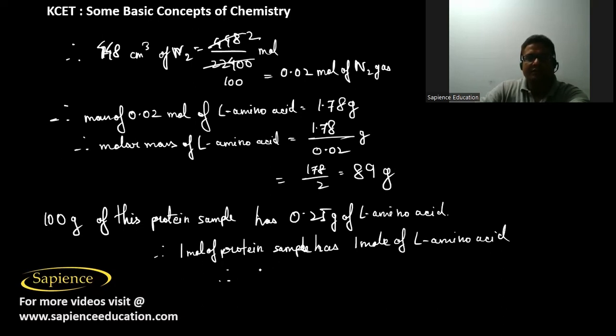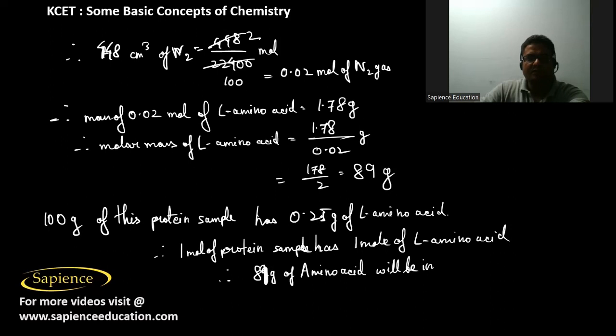So 89 gram of the amino acid will be in, so 0.25 gram is in 100 gram of the protein sample.